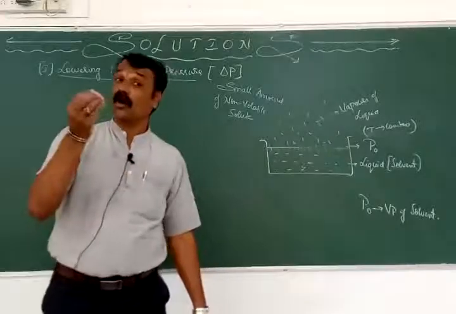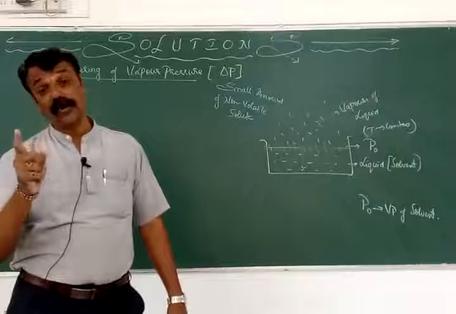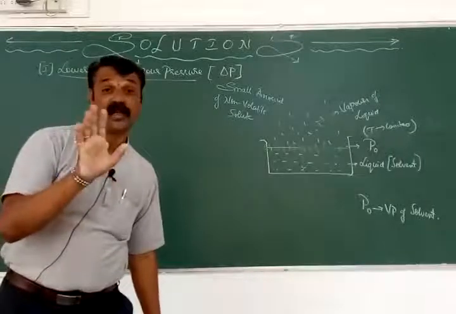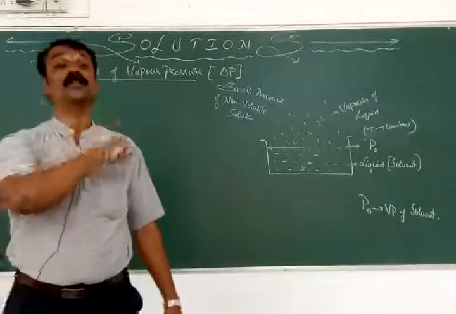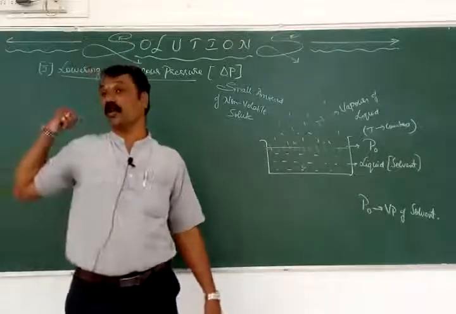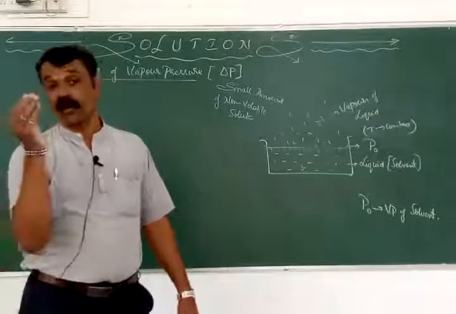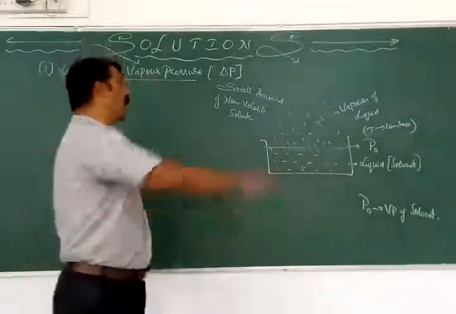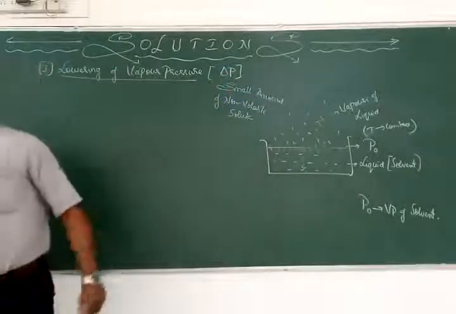For example, alcohol in water. Alcohol is also vaporizing, water is also vaporizing. Therefore, alcohol is not an example of a non-volatile solute, it is a volatile solute. So strictly with respect to the lowering of vapor pressure, we have to take a non-volatile solute, in a small amount. What happens when a small amount of a non-volatile solute is added to the given solvent?